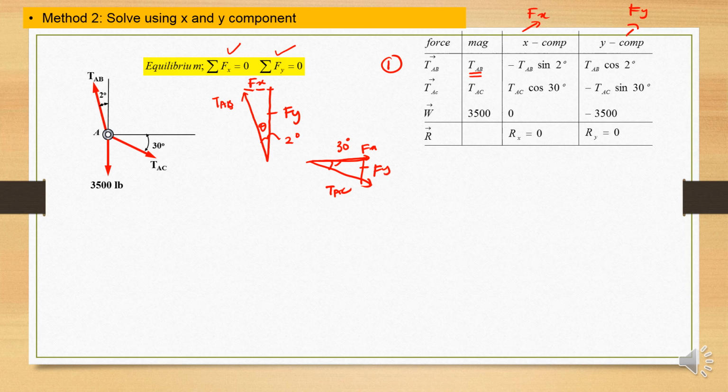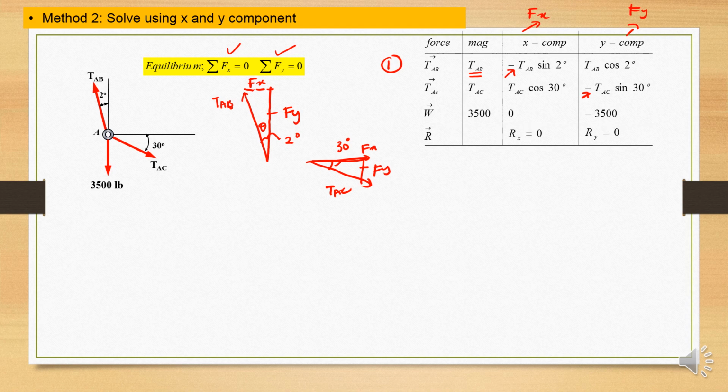Since the Fx is located on the adjacent side, the Fx should be TAC times cos 30, and the Fy should be TAC times sine 30. Look at this one: the Fy is on the downward side, so it has a negative sign. The same goes for the TAB here, because it is pointing to the left, so it has a negative sign.